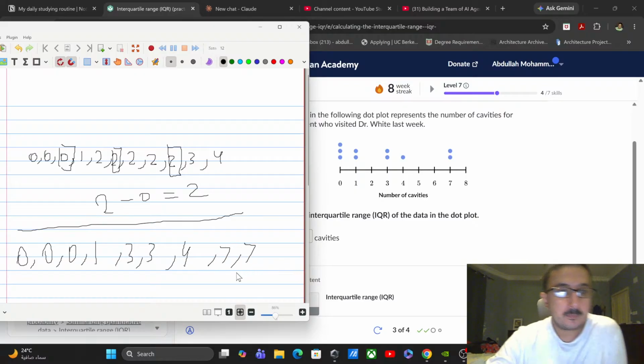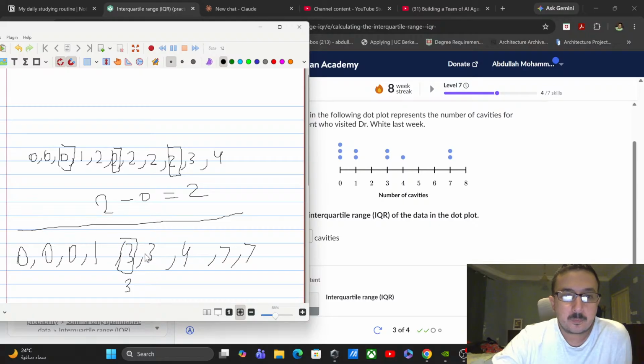I got 7. 4, 5, 6, 7, 8, 9. Yeah, 3. This is the median. I got 4 here and 4 here, and 0 here as the median, and 7 minus 4 here is 3, which is equal to 3. Enter.